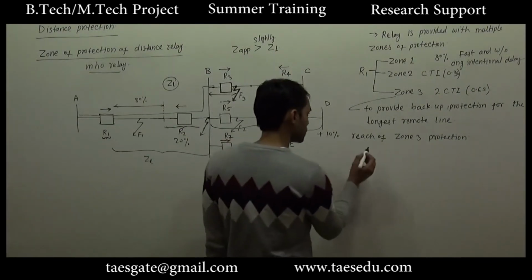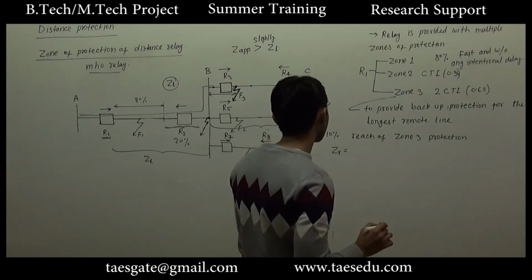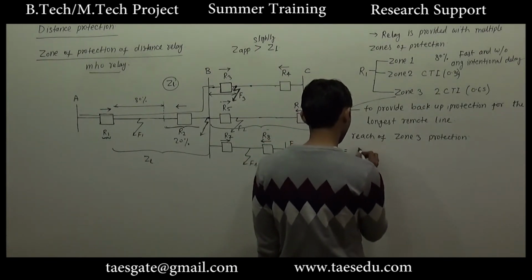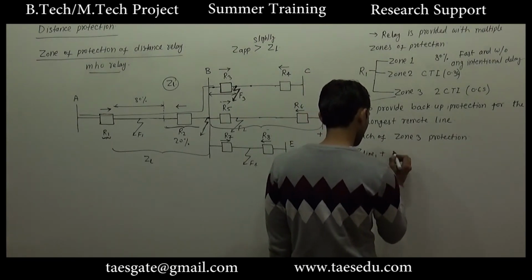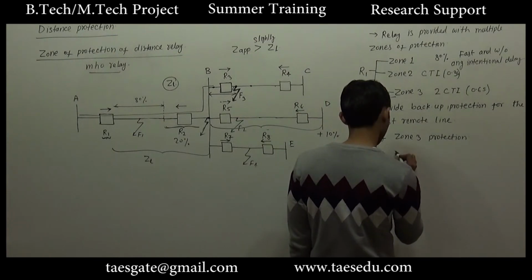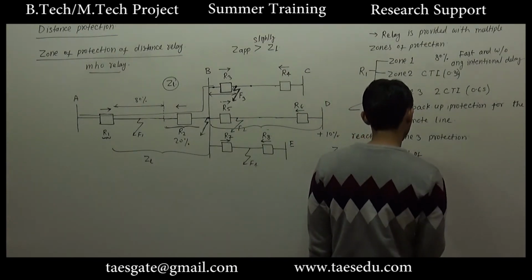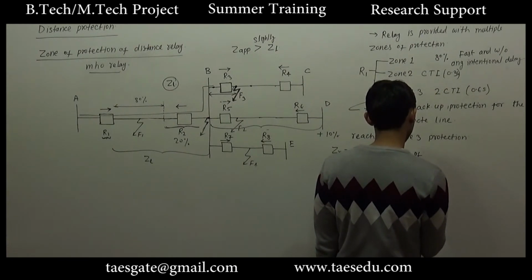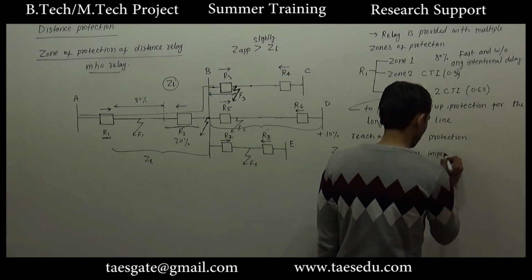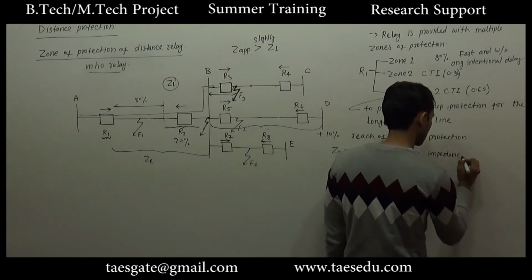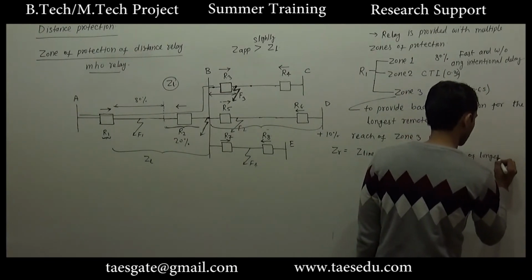So the reference impedance for zone 3 protection should be Z line 1 plus 110% of impedance of longest line.